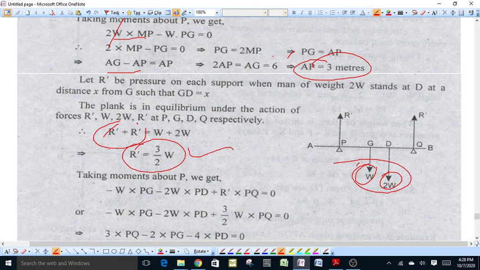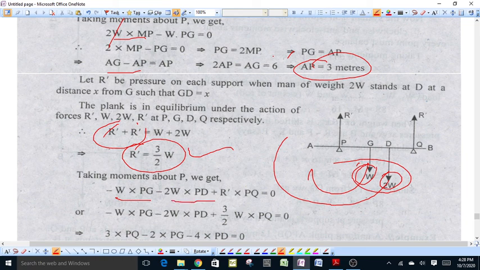Now taking moments about P, the moment of force W about P will be of clockwise sense. It is taken as negative, minus W into PG. Similarly, the moment of 2W is minus 2W into PD.